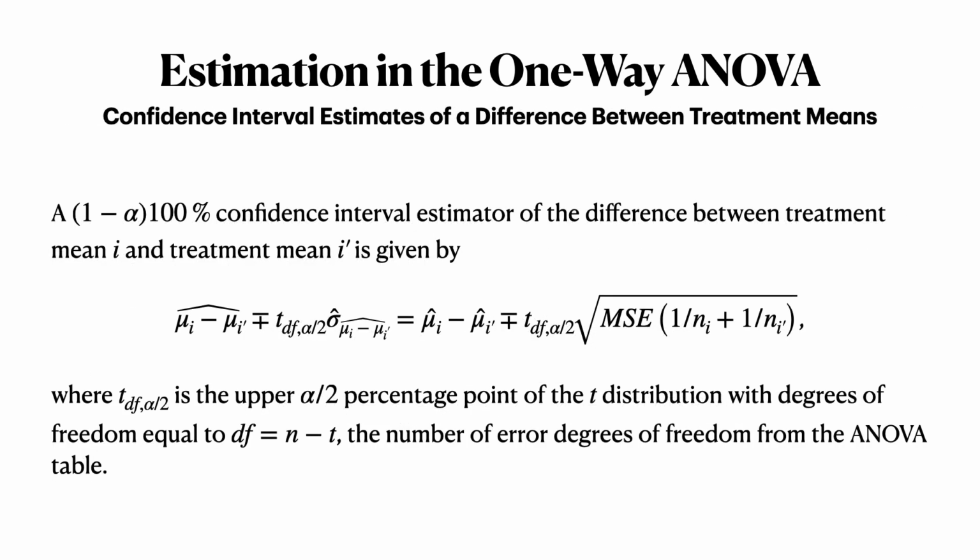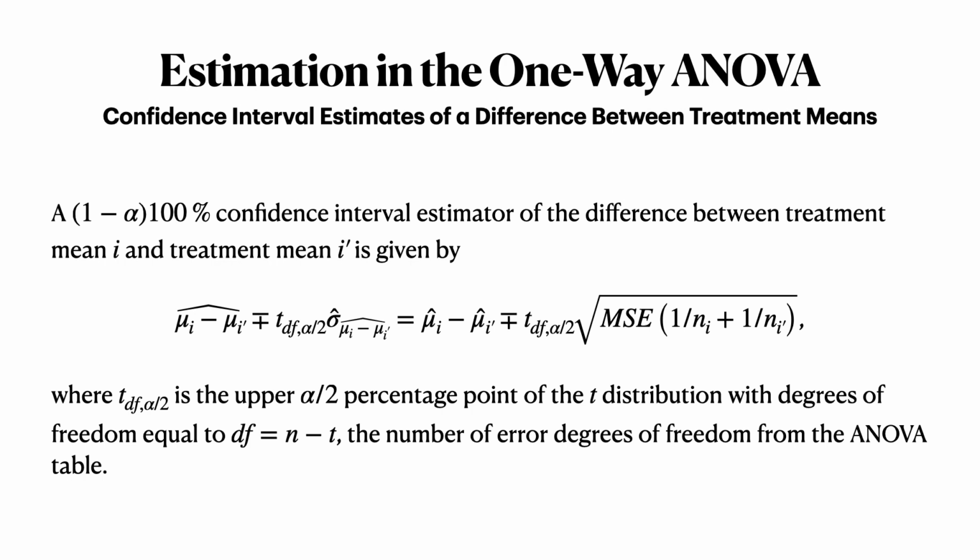Once we have the estimated variance and estimated standard deviation for that estimator, we can use it along with the point estimator itself to come up with a 1 minus alpha times 100% confidence interval estimator of the difference between treatment mean I and treatment mean I prime.